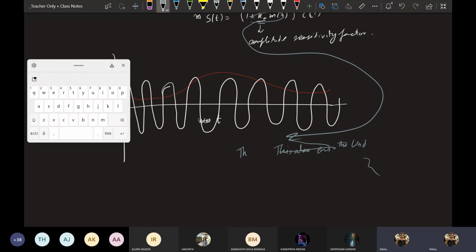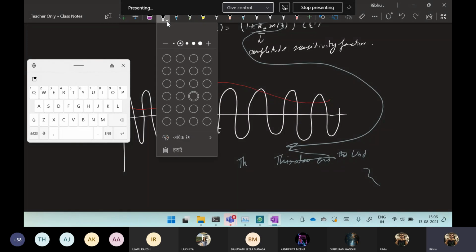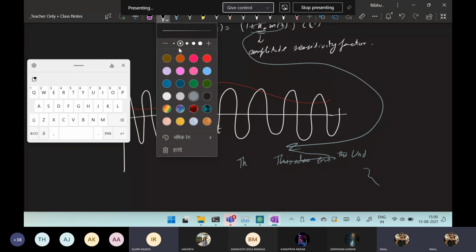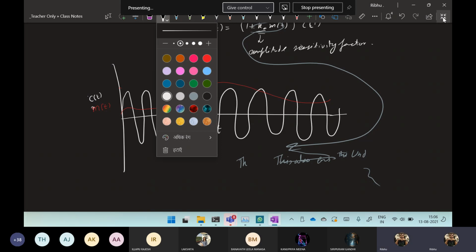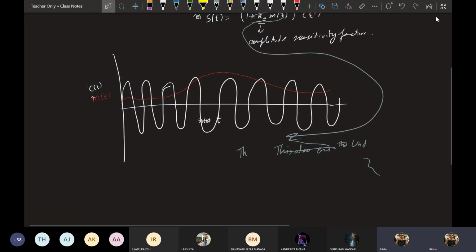Why is that? Hold on a second. Yeah, this is the white. Sorry, I was messing around with my laptop settings. And yeah, so yes, this is white now.